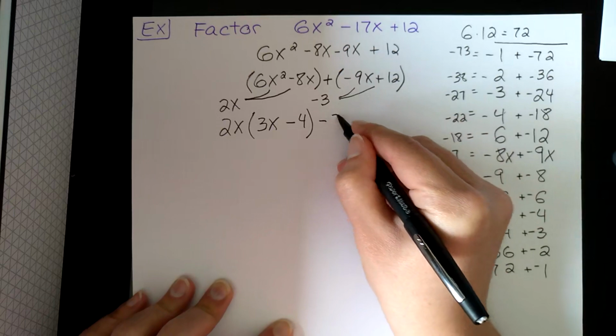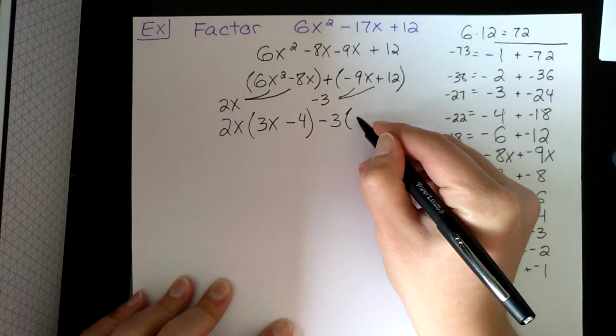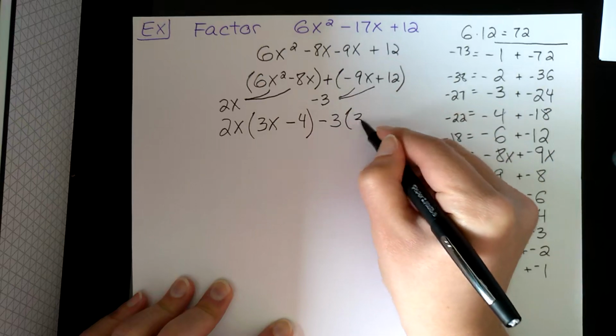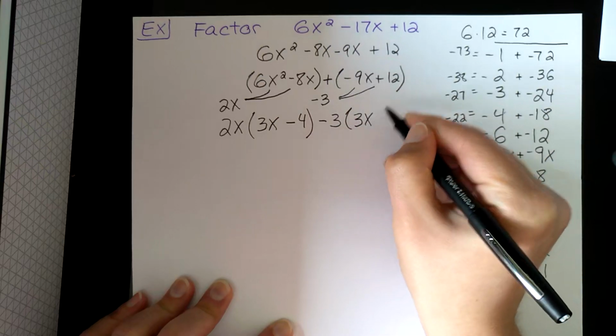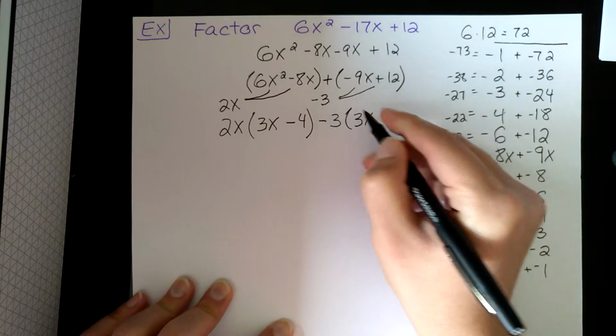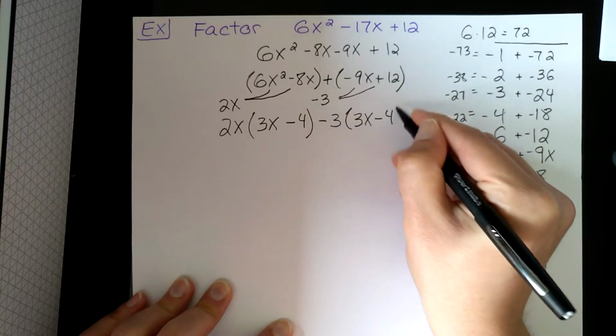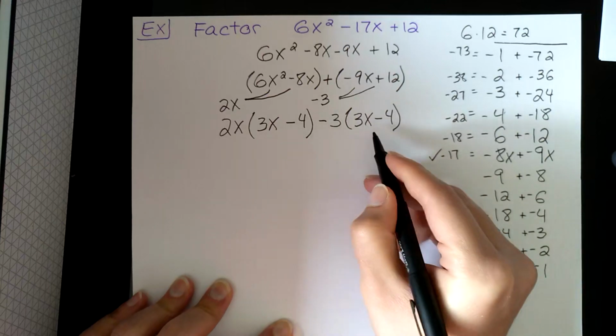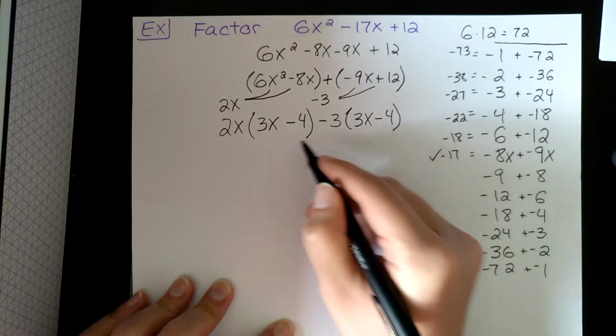So we get minus 3 times negative 9x divided by negative 3 is positive 3x, and 12 divided by negative 3 is minus 4. Notice that both values match in parentheses.